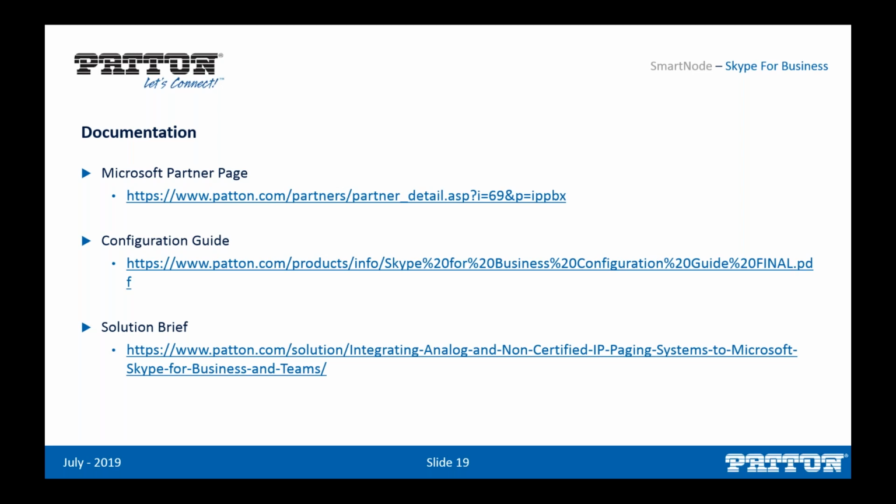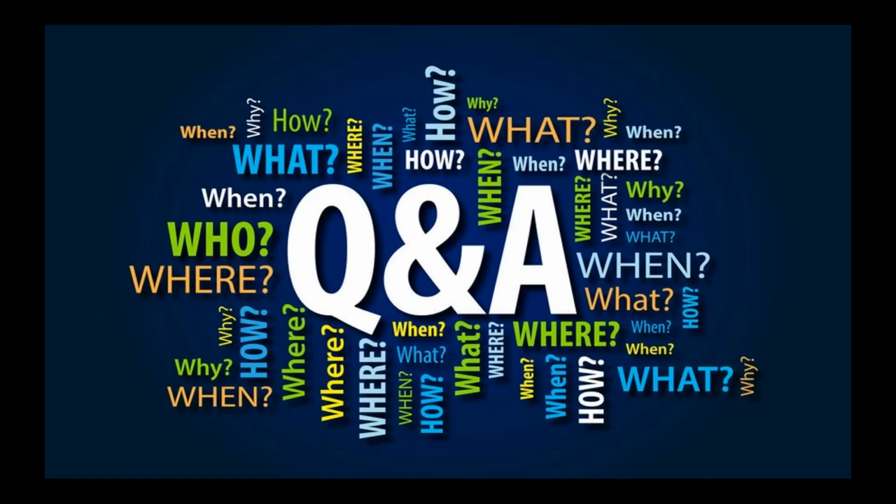There is a configuration guide available that allows your technicians to easily set up a SmartNode within a Skype for Business environment. And we also have a solutions brief that you can find under the solutions category of our webpage.